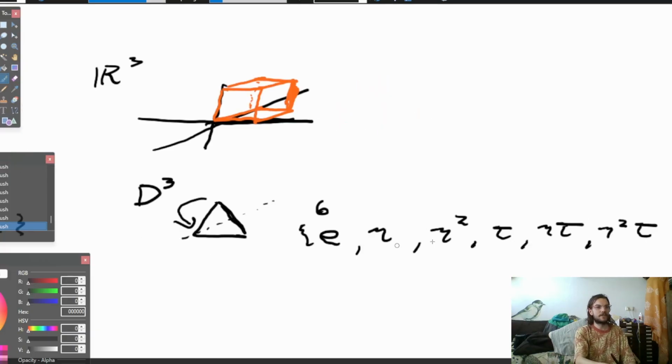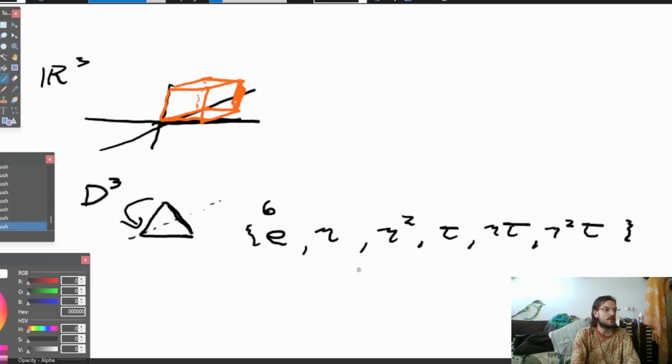And this is a collection of 6 objects, terms. This is something you would often see in something like group theory, and this can also be a term, and we call this term D3. So it doesn't have to be numbers, is my point here.